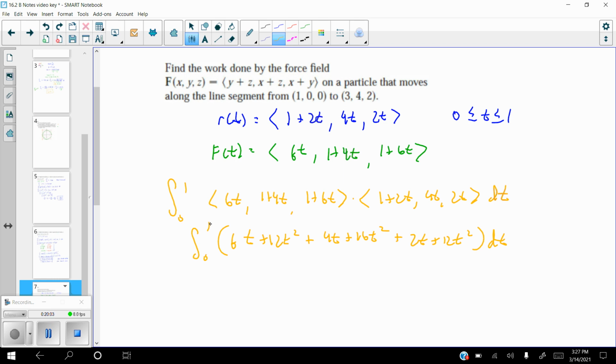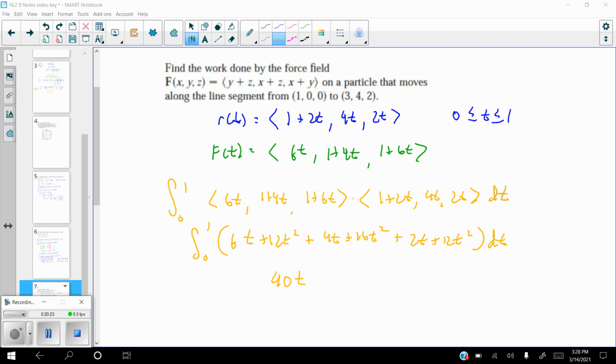Let's combine all our squared terms. So we're going to get 12 plus 16 is 28, plus 12 more is 40, so we get 40. Did I do that right? Yeah, something's not right. What did I do wrong?